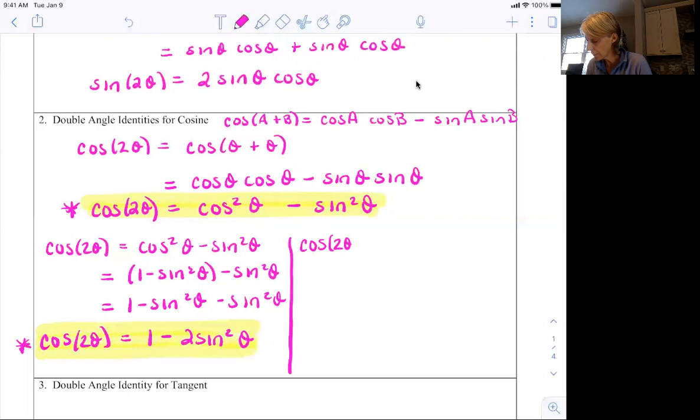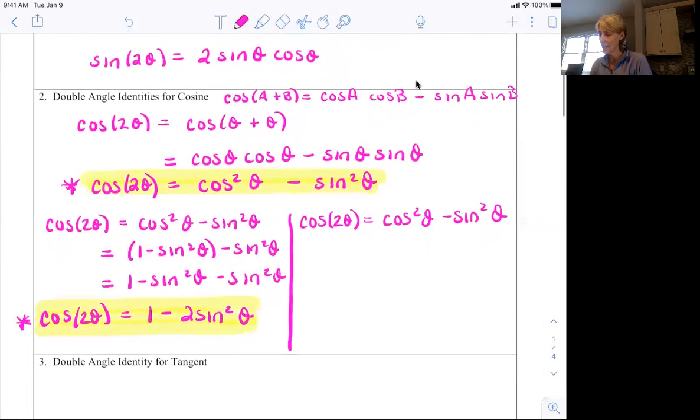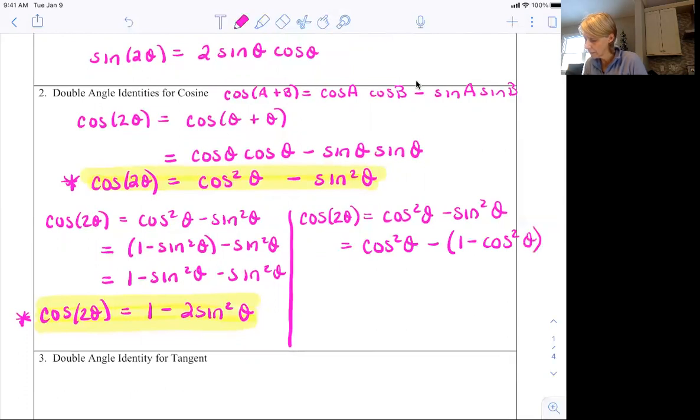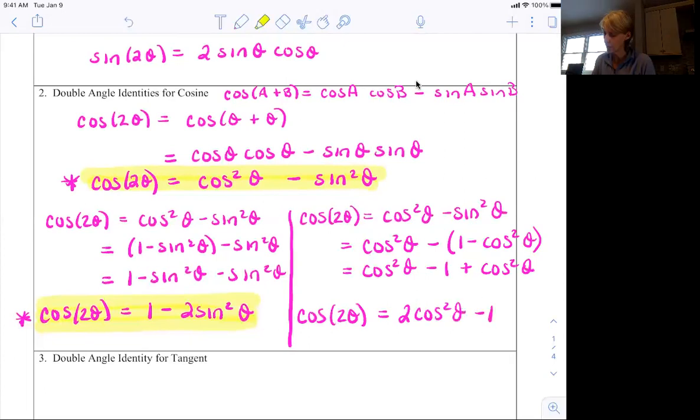Cosine 2 theta, if we start at the beginning again here, at the original formula we got, this time if I rewrite the sine squared as 1 minus cosine squared theta and distribute and simplify, we get 2 cosine squared theta minus 1.